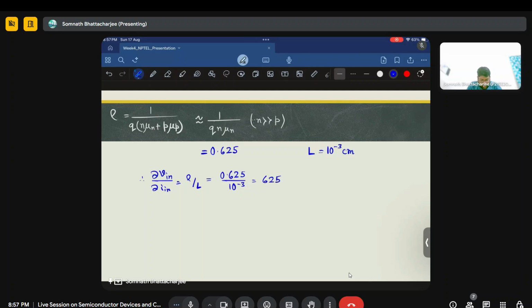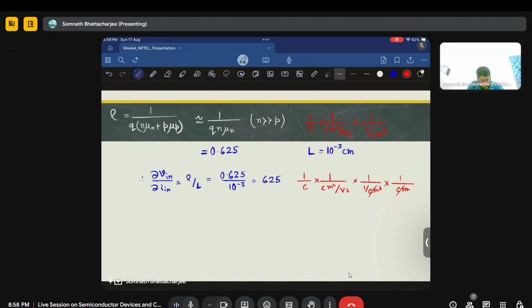The unit of this, let me write it down. So this is 1 by coulomb multiplied by 1 by centimeter square per volt second, multiplied by 1 by centimeter cube for n, and 1 by centimeter.